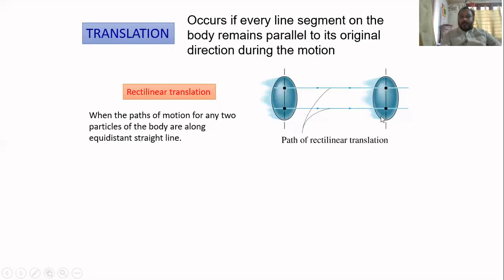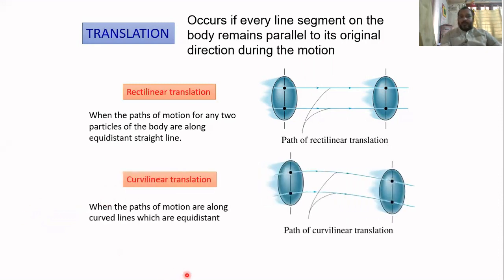That is, when the paths of motion for any two particles of the body are along equidistant straight lines. Whereas in curvilinear motion, the path is curvilinear, but the points are equidistant.